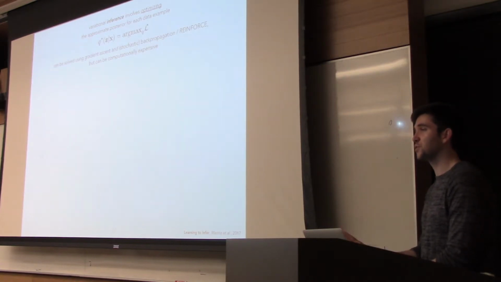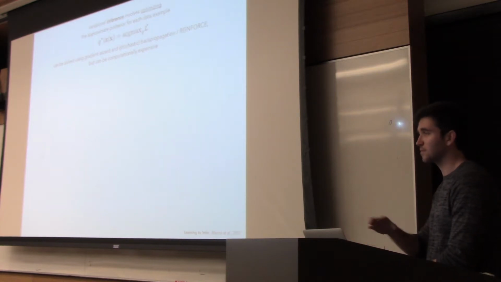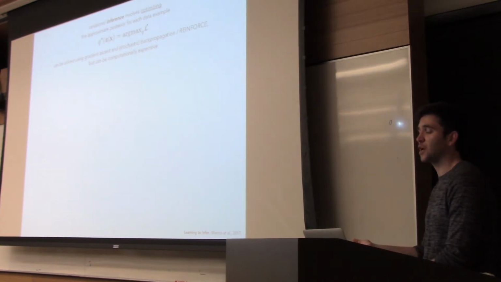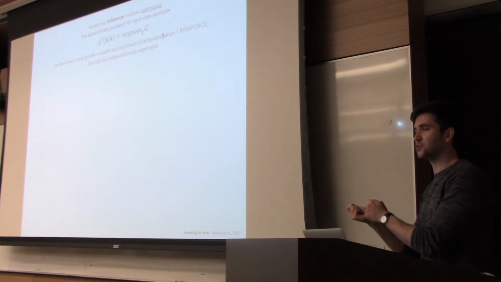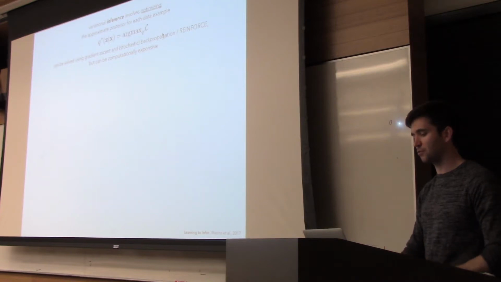And you can solve this with standard gradient techniques. There's some stochasticity in here perhaps, but you can do this through gradient descent. You can solve this optimization problem of what is the best approximate posterior for this data example that I have.